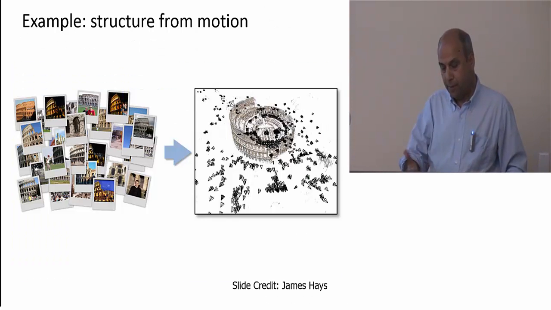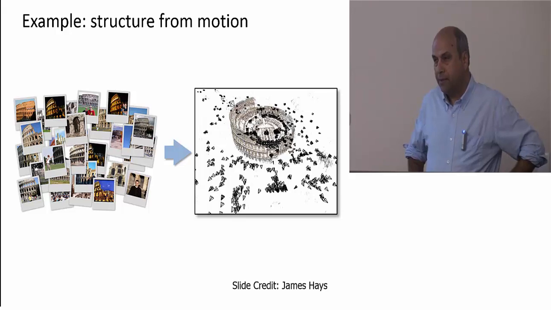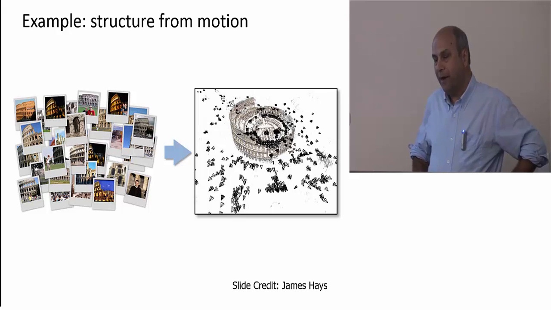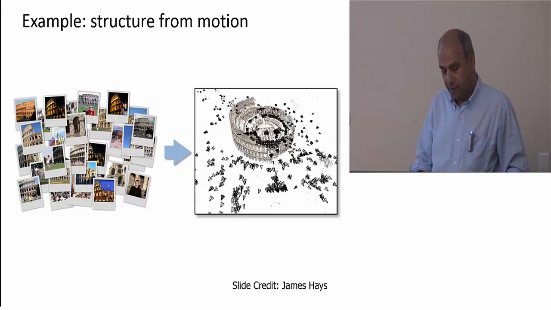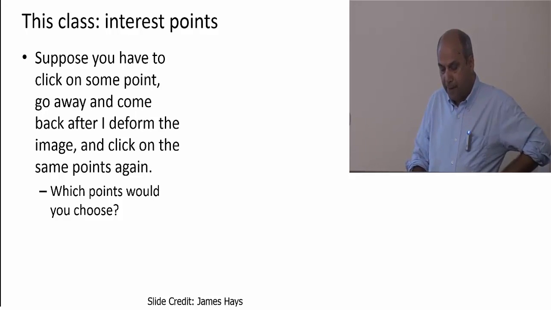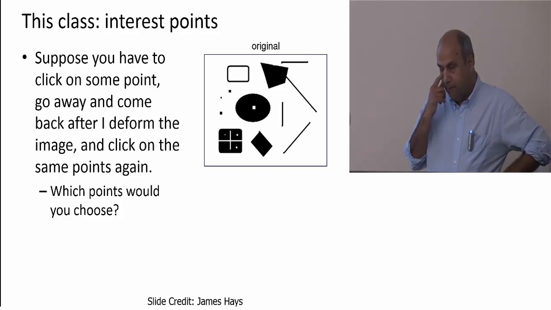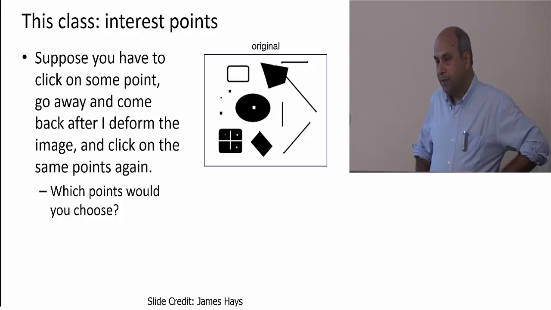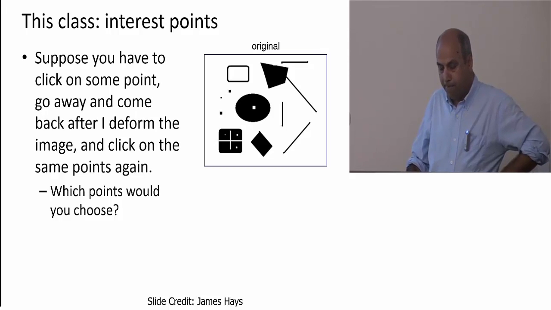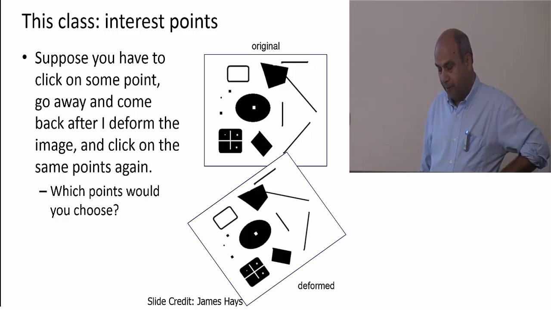Okay. So as you saw with Photosynth, in the first lecture I showed you a demo from Microsoft. The whole thing is based on finding points, matching points, and doing the reconstruction. So there are lots of uses of that. The main thing here is that if you are given an image and you are asked to note down the points, you want to be able to recall these points after this image is deformed like that.